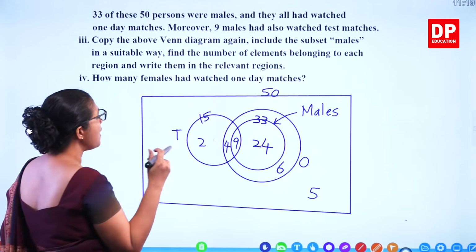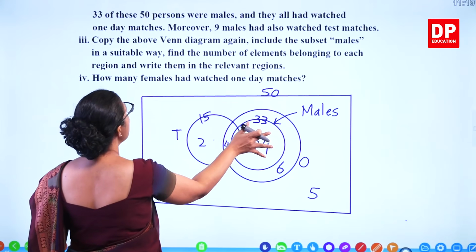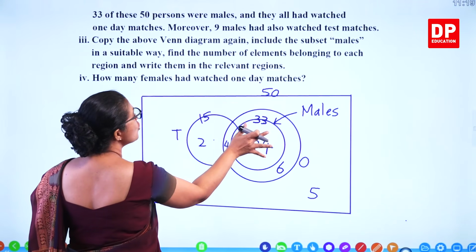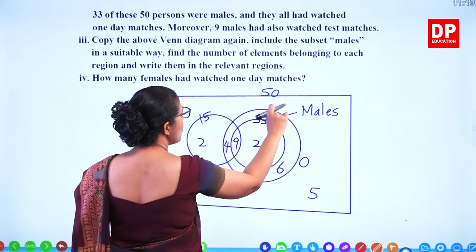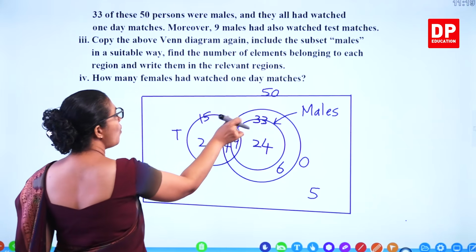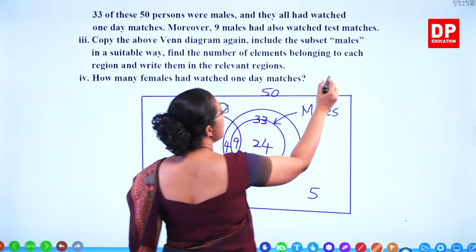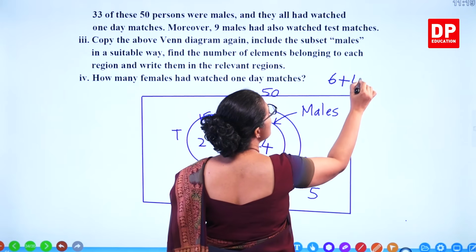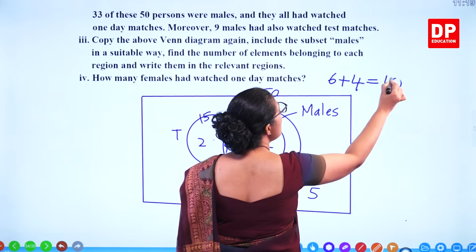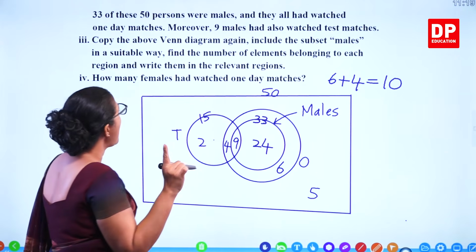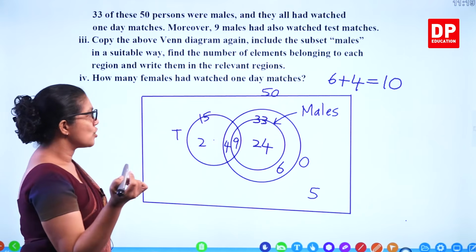Again, how many females? That means outside the male circle had watched one-day matches. So inside the O circle, that means 6 plus 4. So last part, that's 6 plus 4, you get 10 females had watched one-day matches.